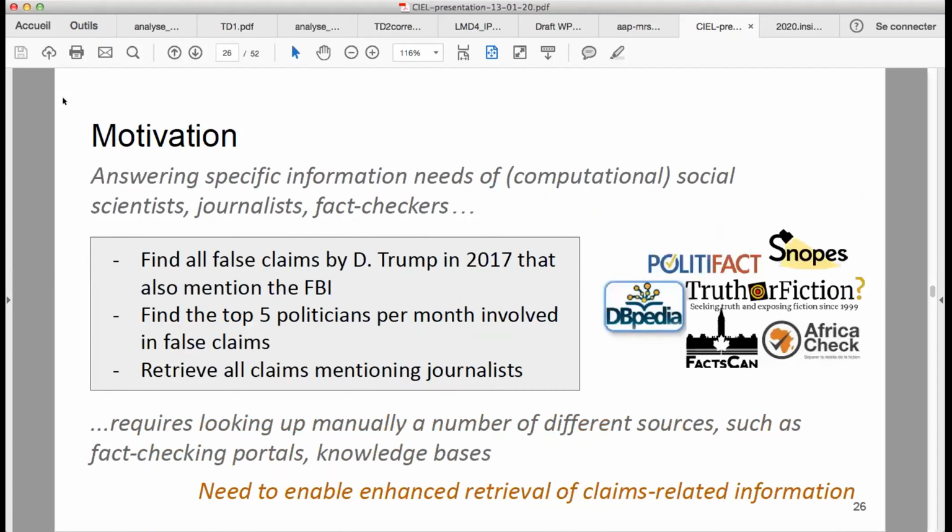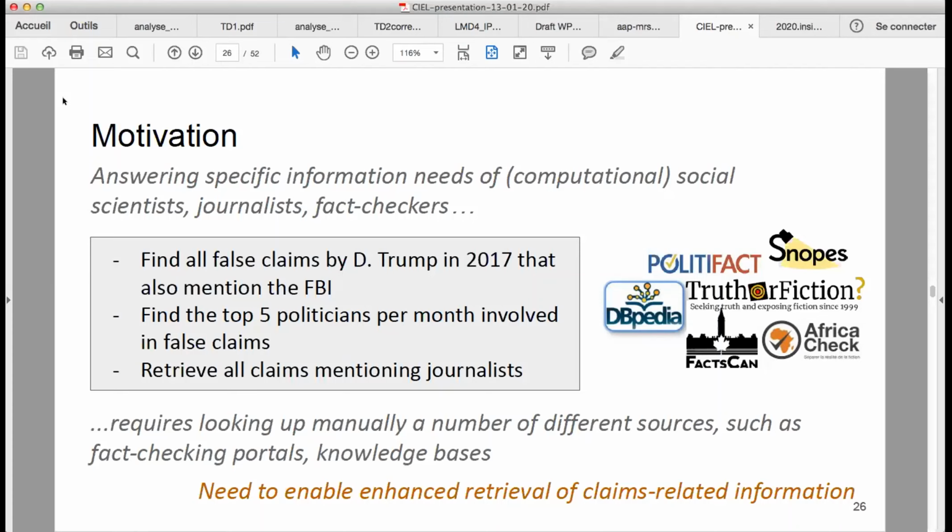In other applications, well, there are specific information needs, for example, by social scientists or fact checkers or journalists, who need to retrieve particular kinds of information. For example, wanting to know what are all the false claims uttered by, for example, the former U.S. president in 2017 that also mentioned the FBI.